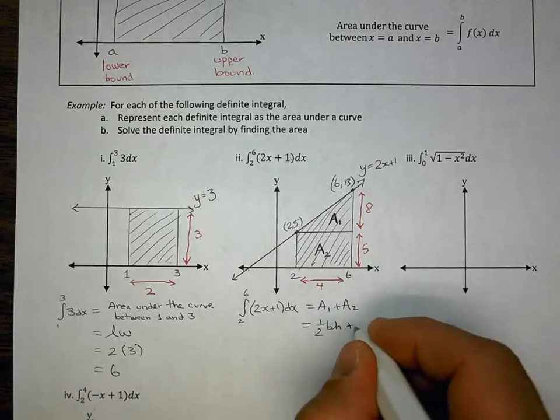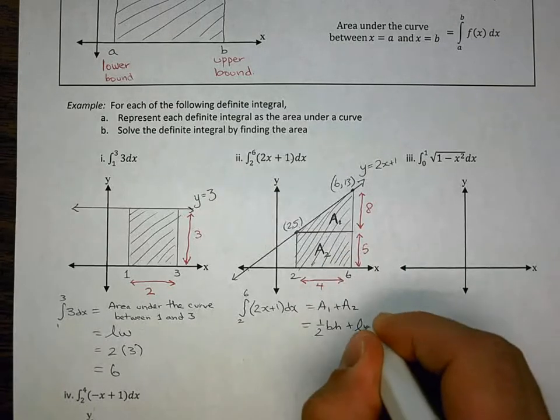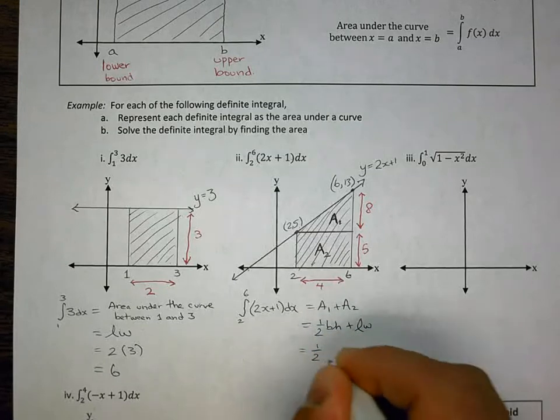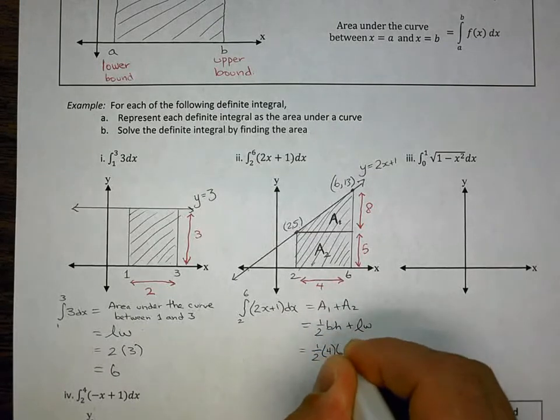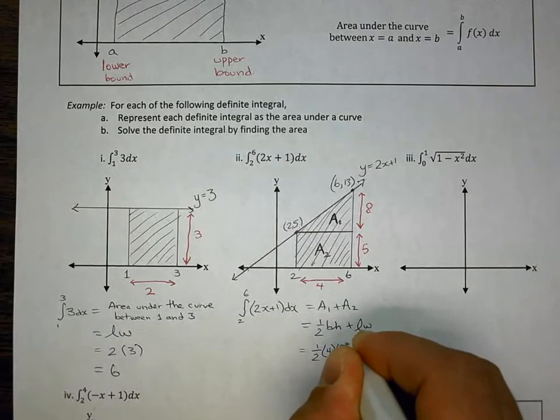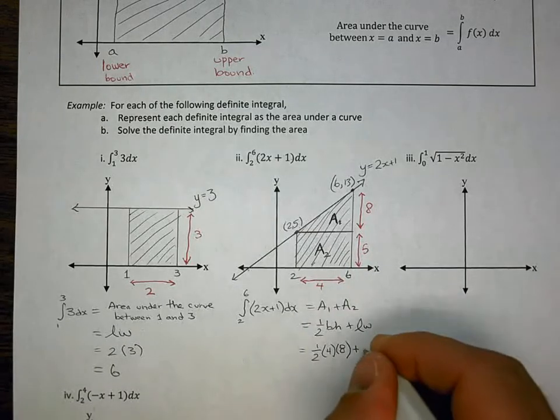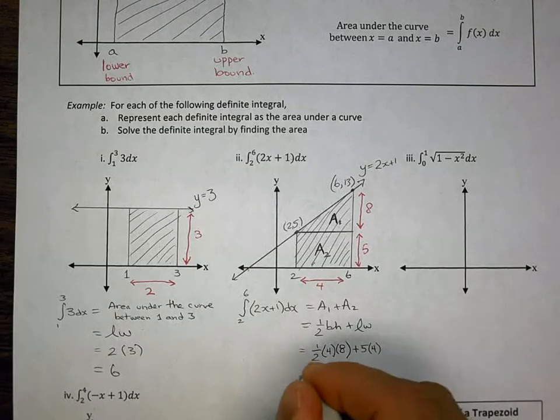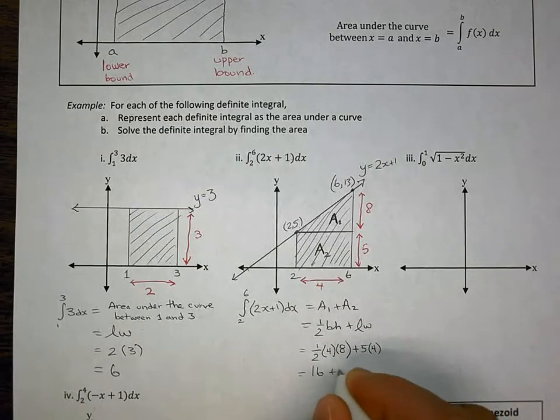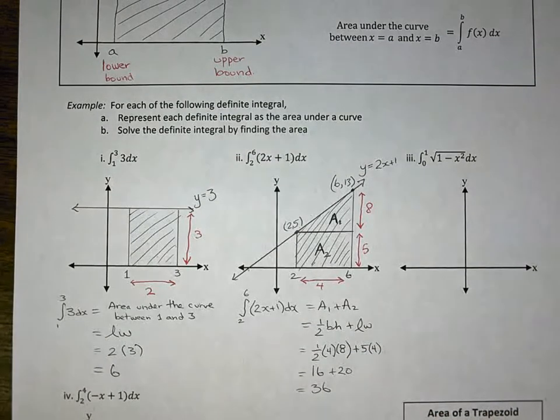And the area of the rectangle, A2, is L times W. So half 4 times the height of 8. And the area of A2 is 5 times 4. Isn't this fun? So now I have half of 4 is 2, so 16 plus 20. So my area, my definite integral is 36.